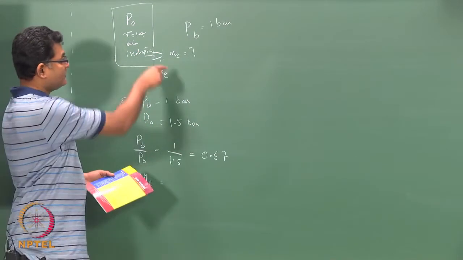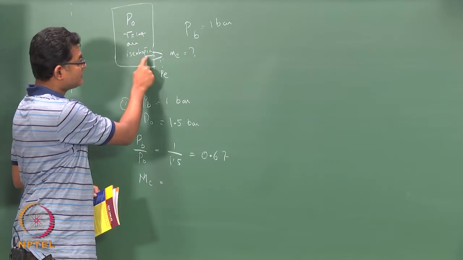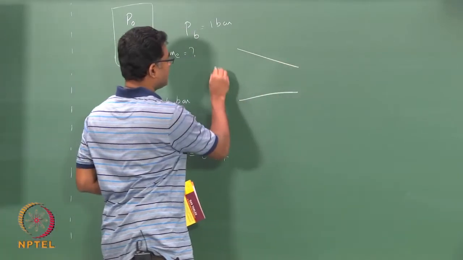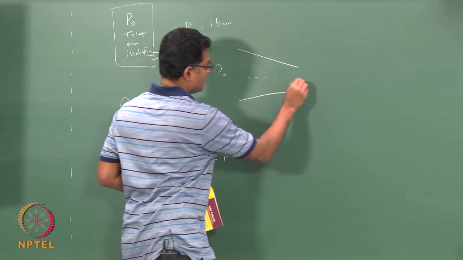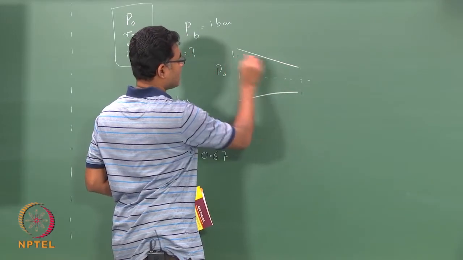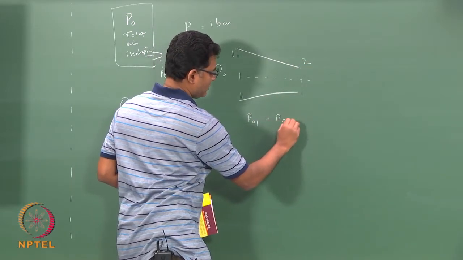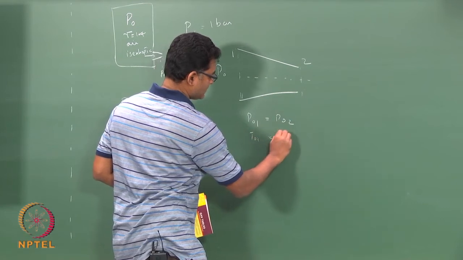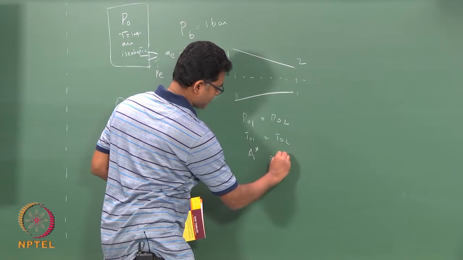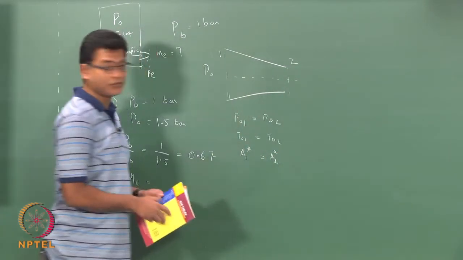So, what I have here is an isentropic flow. This P0 inside the tank is also the P0 throughout the nozzle. If this is my section 1 and this is my section 2, P01 equals P02, T01 equals T02 and A1 star is equal to A2 star, or at any other section, this is true.